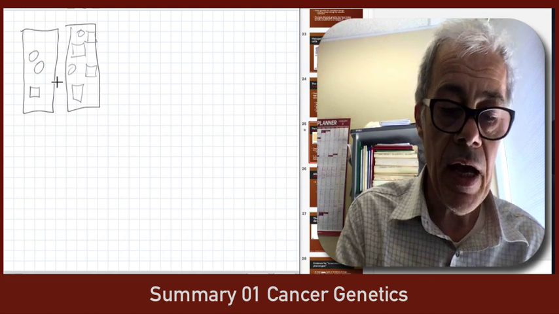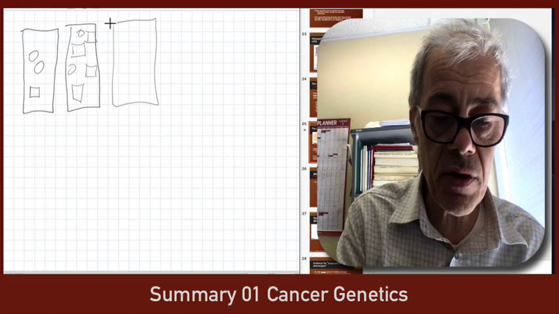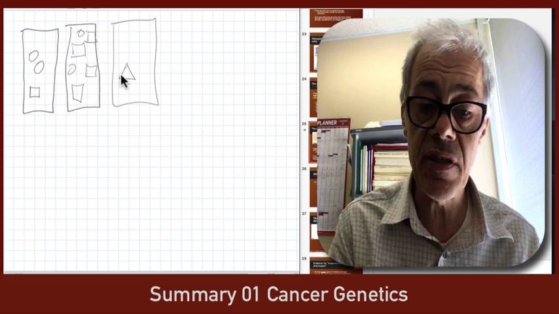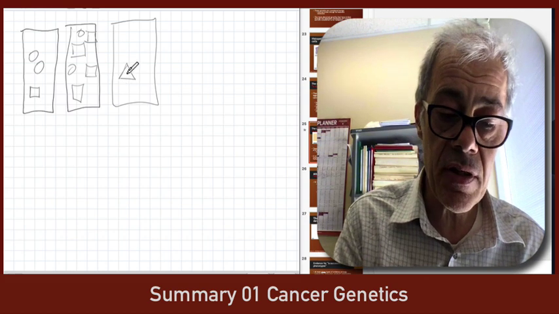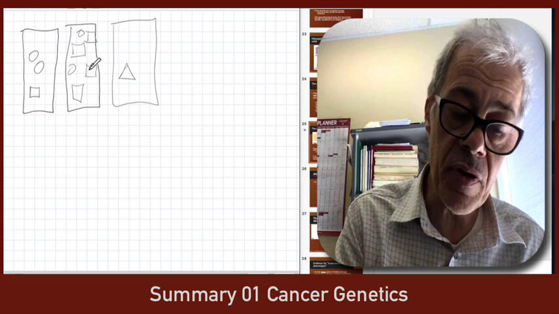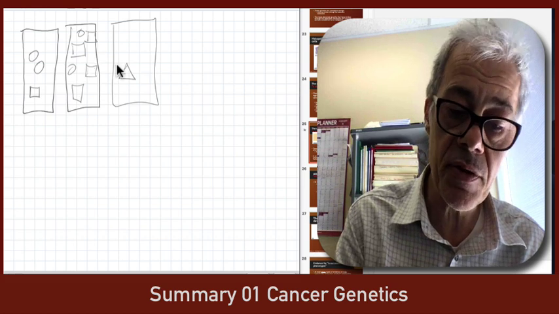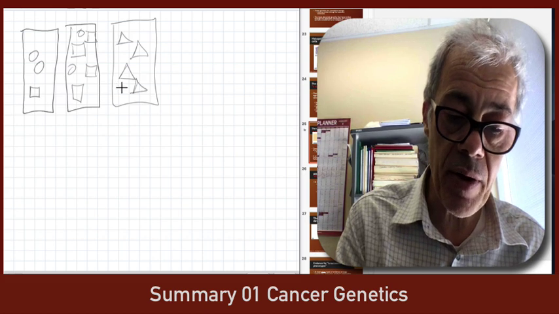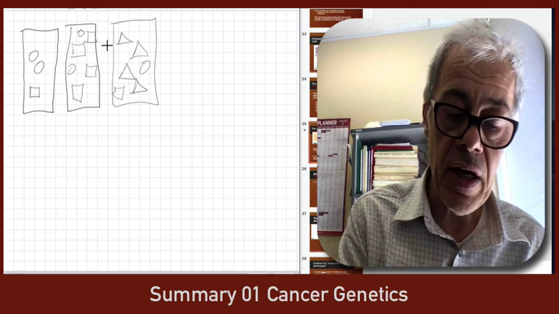And then within one of those cells, it accumulates a different mutation, a different phenotype. So this will now start to outcompete the parent cell and the normal cells. This one will start to grow and outcompete those around it, and so forth.